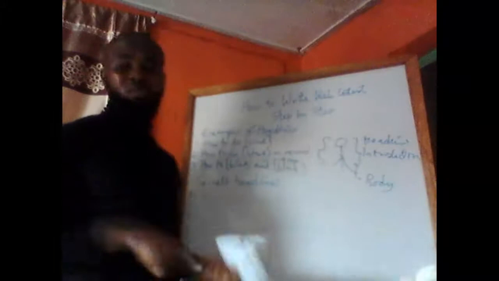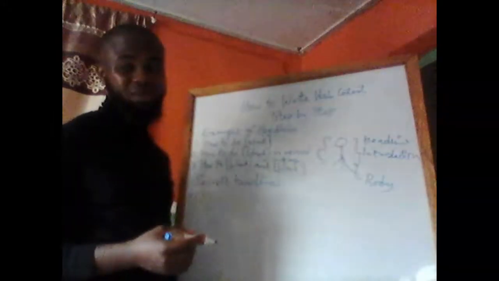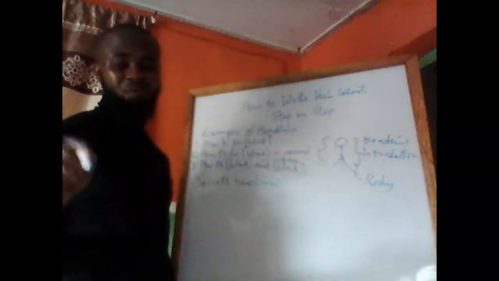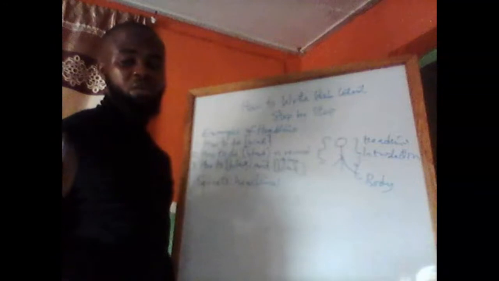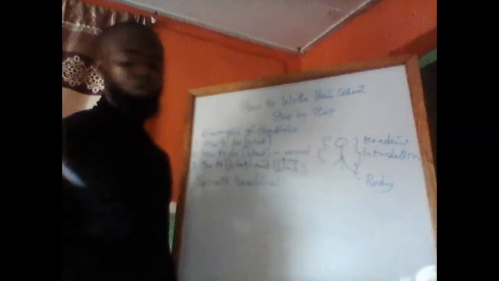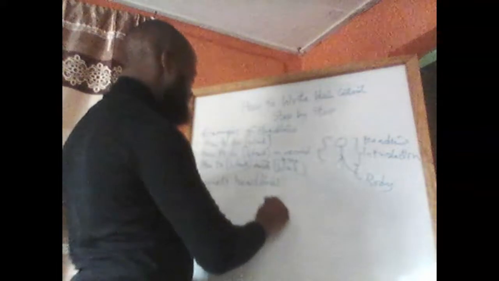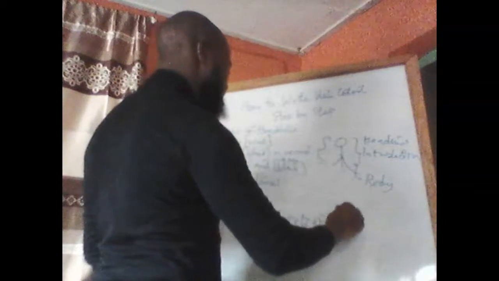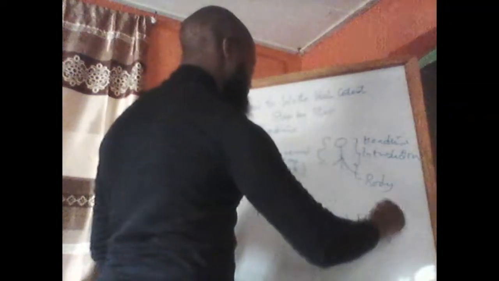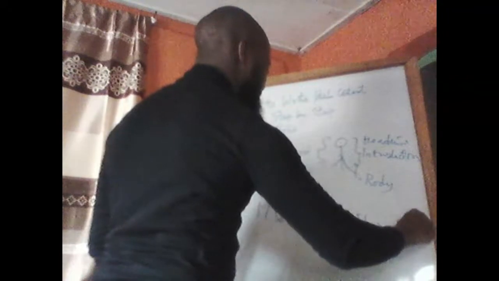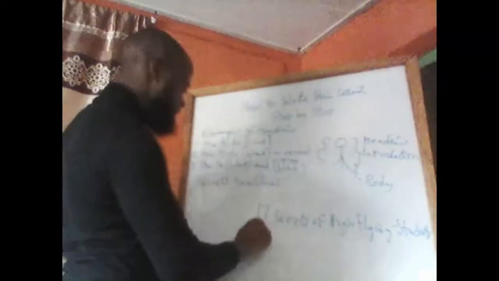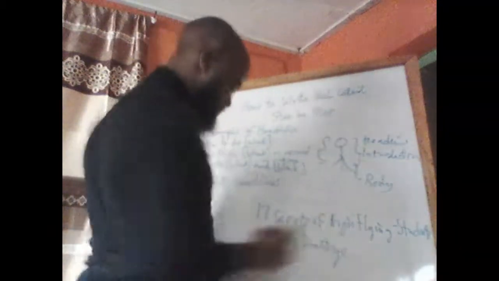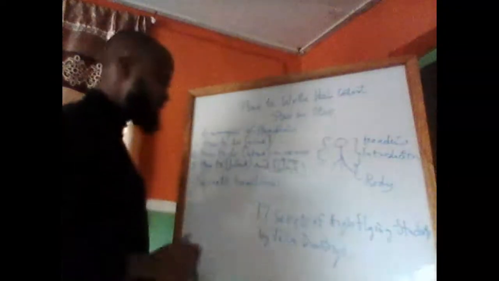So that might be another book that you should get. I'm not sure if you can get the free copy online. The free copy is not available online. But if you buy it for them, it will be a perfect gift for your siblings, your younger friends or your mentees. 17 Secrets of High Flying Students by Fela Durotoye.